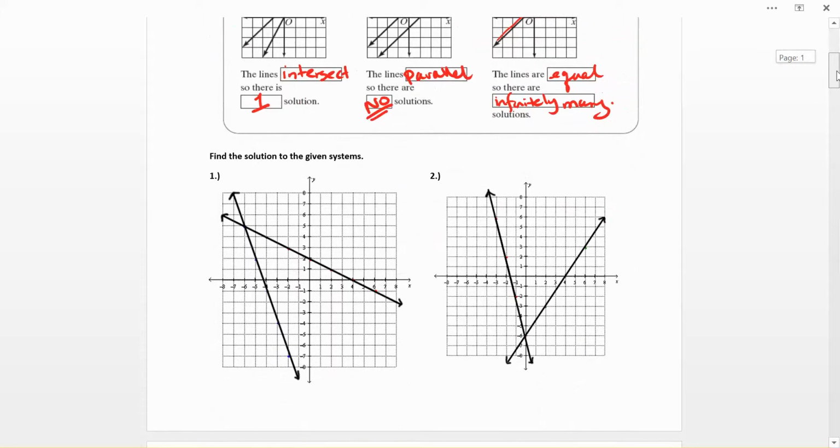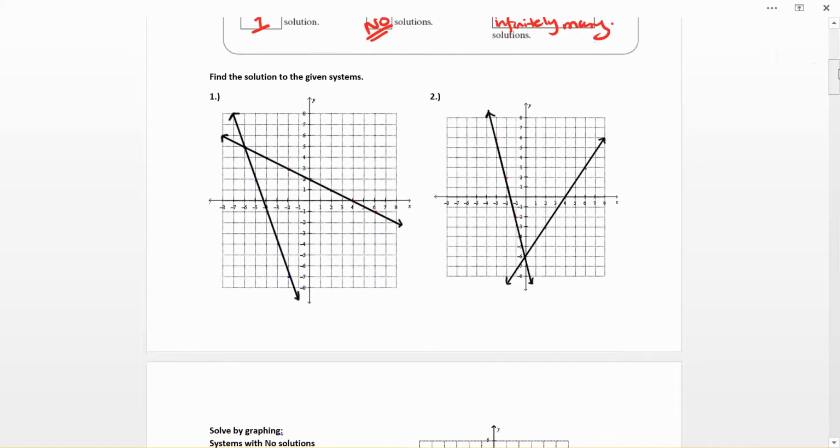Now, with that in mind, let's talk about finding the solution to systems of equations. If you have the graph of two lines, the solution is going to be the point where those two lines intersect, because that particular point lies on both of the lines and therefore would fulfill them. In this case, we just want to identify what ordered pair that represents. So notice we'll go along this line here. We're at -6 in the x and at 5 on the y.